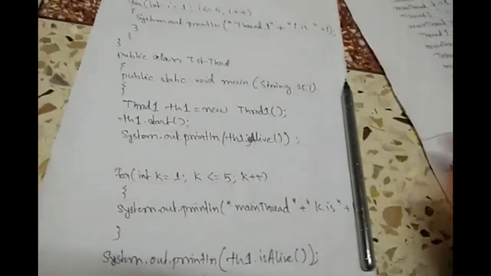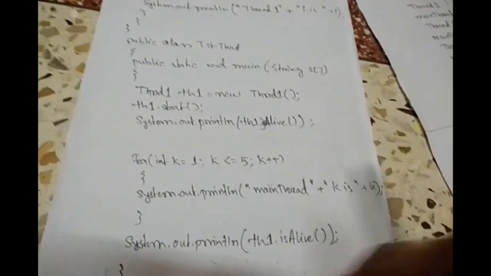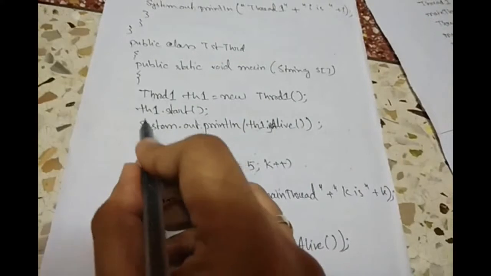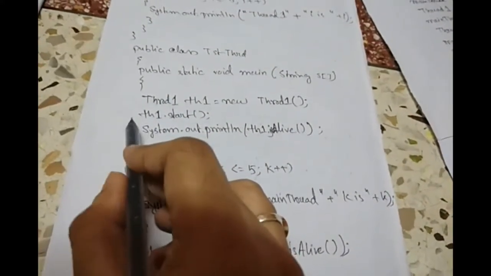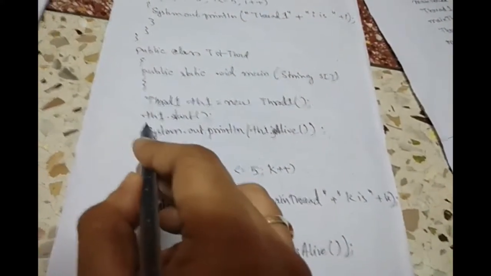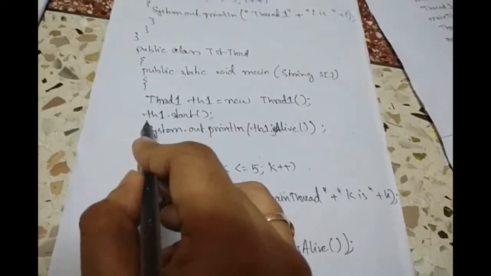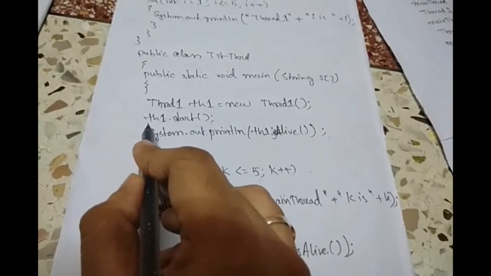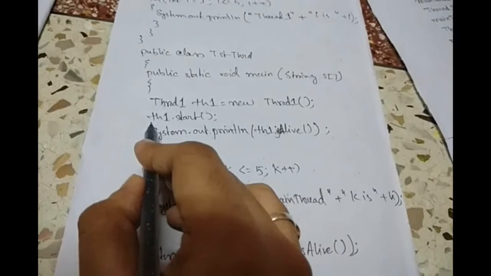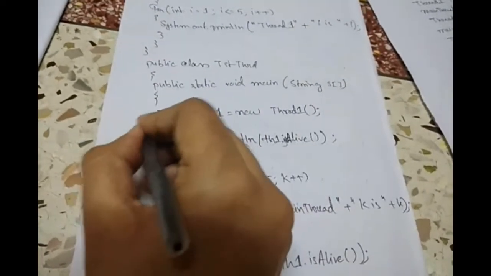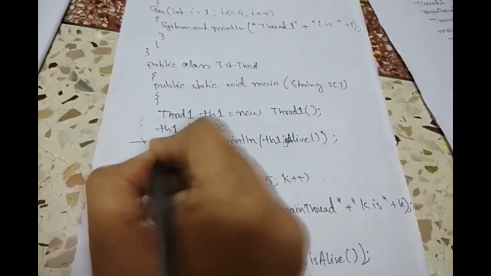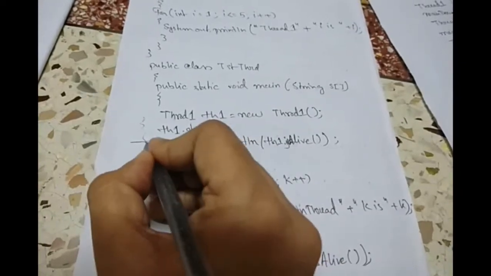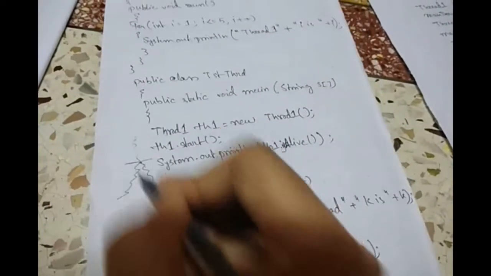As we know, whenever this particular statement is written, a new thread is created along with the main thread. So here is the main thread and a new thread is created along with the main thread.